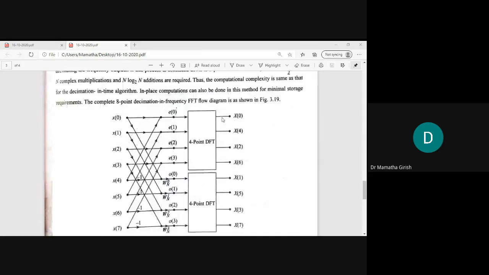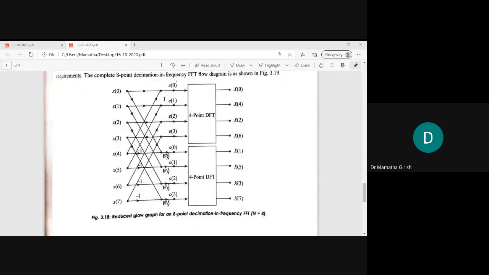Say for example, in this case, what is x of 0? Whatever is the value of x of 0 plus x of 4. X of 0 plus x of 4 is plain. But if you consider x of 1, it is x of 0 minus x of 4, the whole thing multiplied by W to base n to the power of 0.